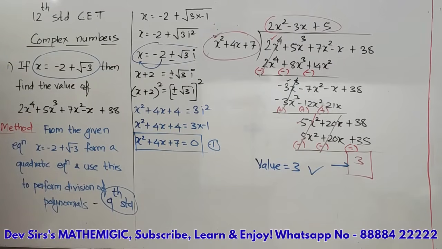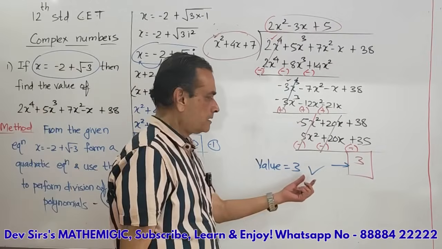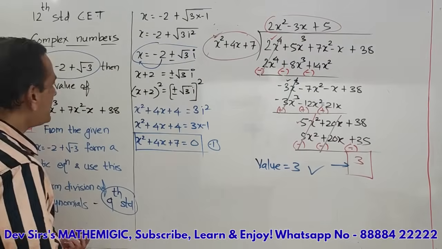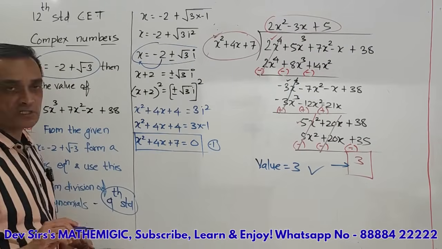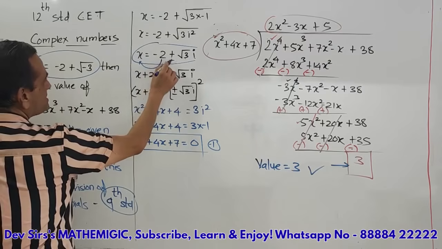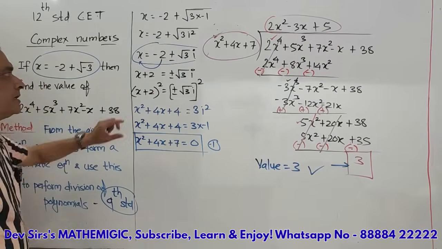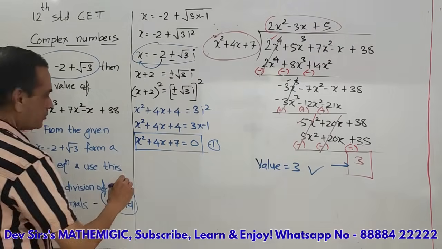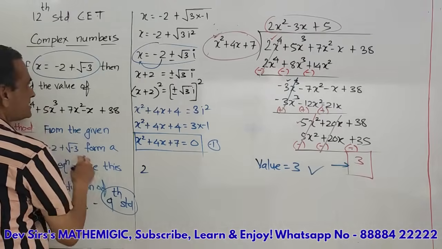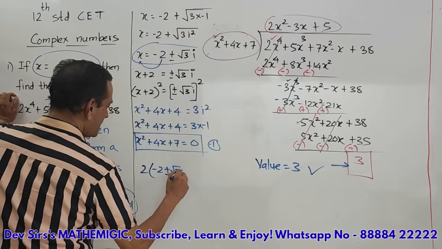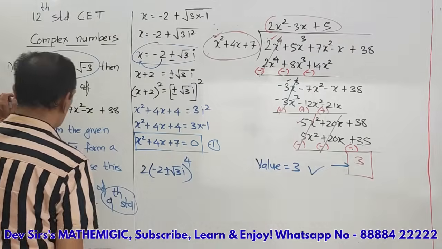Now the thing is, why did I use this method? Because if you try to substitute this value, what is the value of x? -2 plus or minus root 3i. If you try to put this value over here, just see what you are going to get. 2x raised to 4 means -2 plus or minus root 3i raised to 4.